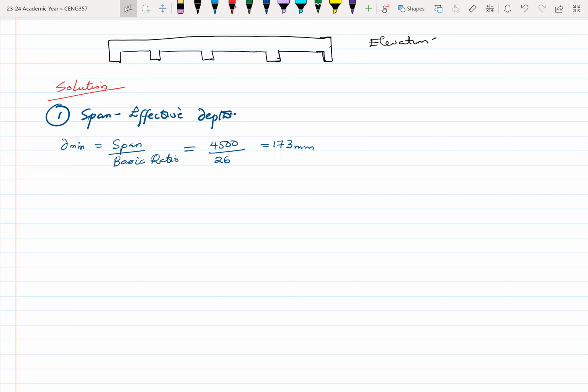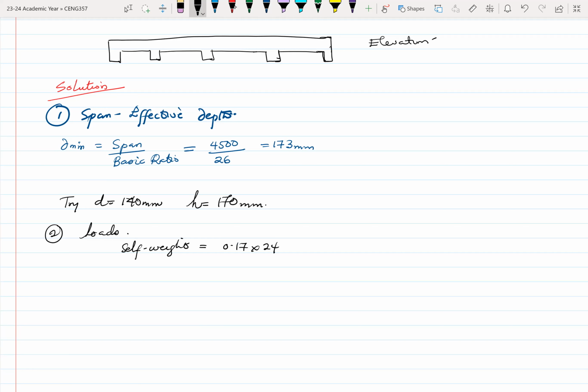So let's try d of 140 millimeters and then h of 170 millimeters. Let's see how this goes. So to the loads. The self weight will be equal to 0.17 times 24, where 24 is the unit weight of the concrete.